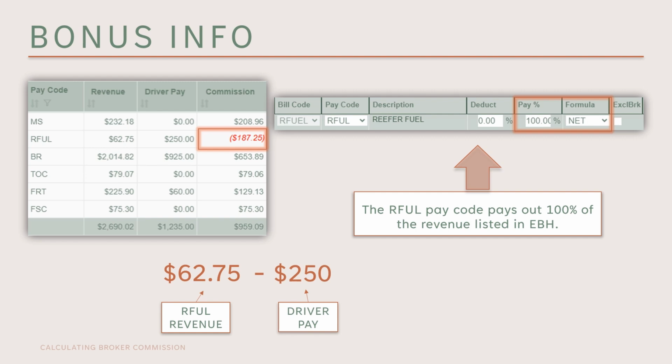We're going to subtract the driver pay listed, which was 250, and that equals the agent's deduction amount. So they were deducted the difference at 100% because that is their pay code. If their pay code for this line item was 85%, they would have been deducted for 85% of what they billed over instead of 100. But in this case, their pay percent is 100%, so they were deducted 100% of the difference of what they paid over their contracted rate of 100% of the revenue.